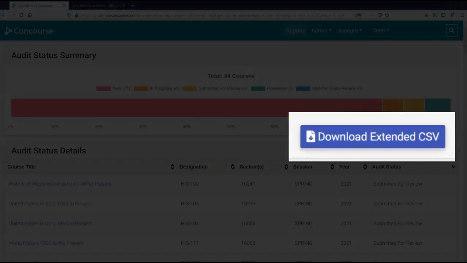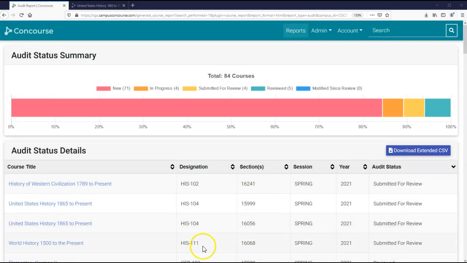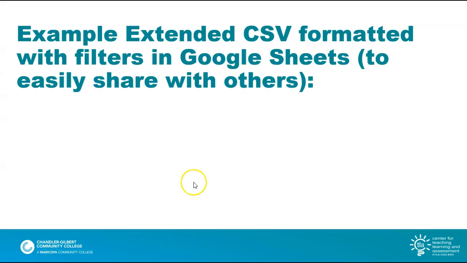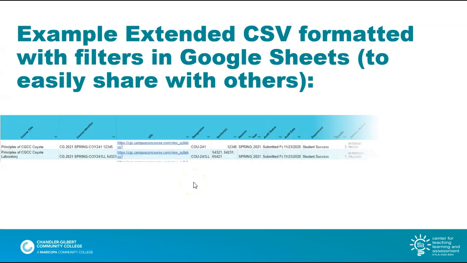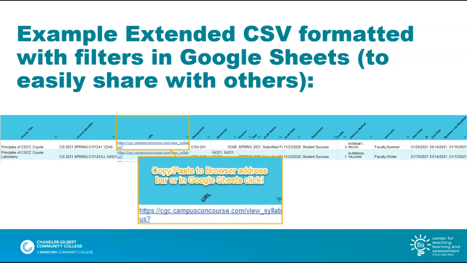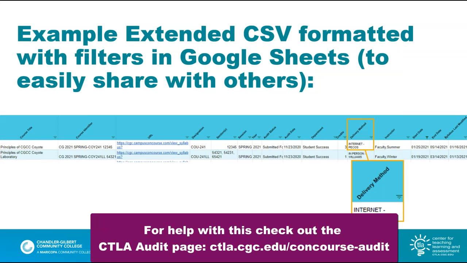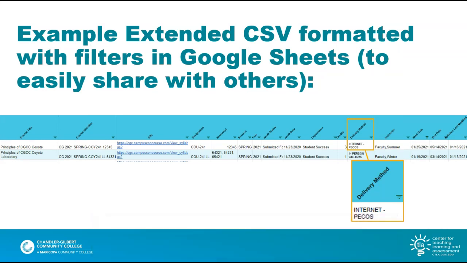As promised, I will show you what the extended CSV can be turned into and how it can help. Here's one that I have formatted in Google Sheets with filters. I prefer Google Sheets because of the ease of collaboration. The report contains a URL to get directly to the syllabus. I would copy and paste this into my browser. And then the delivery method offers both the modality and specific campus information, including high school if this were a DE report.